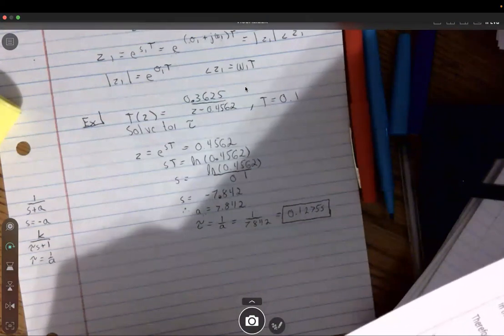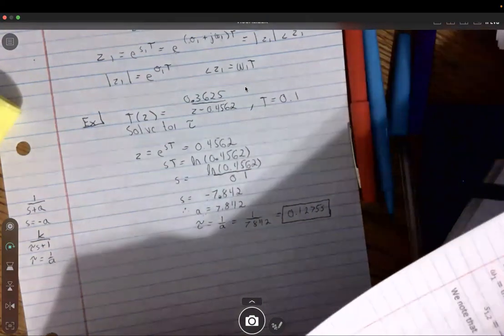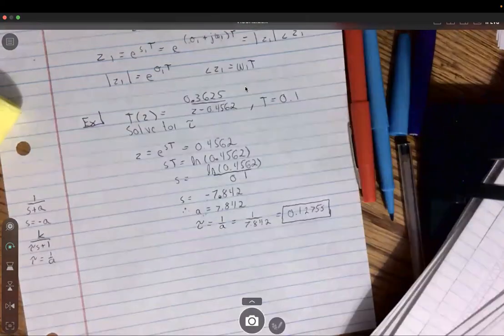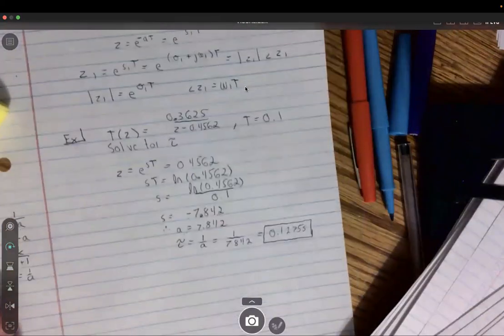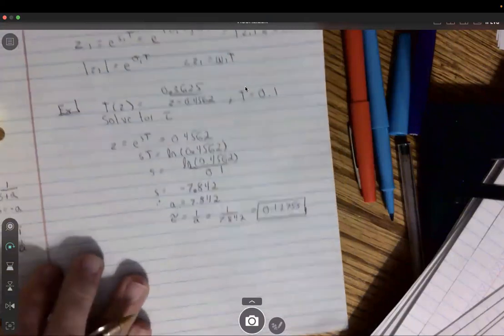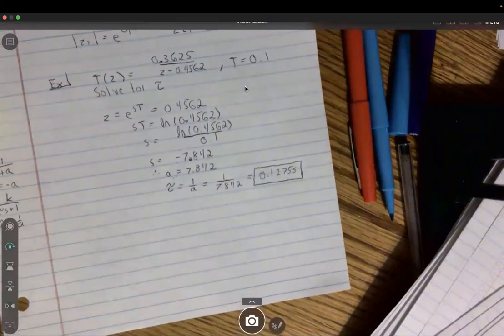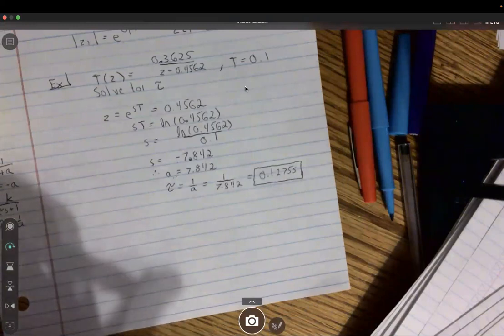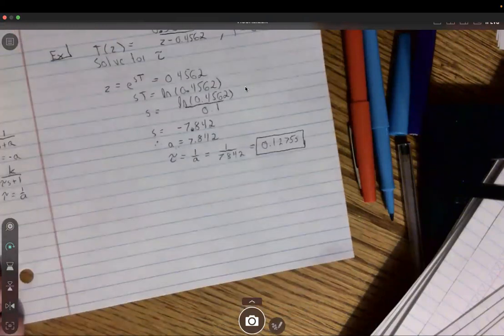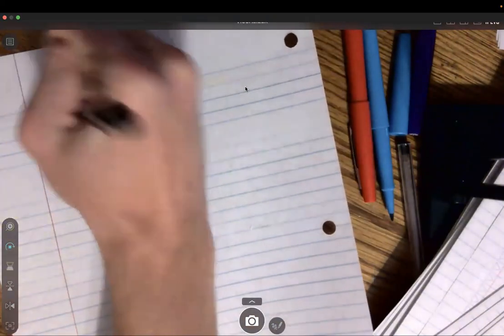So second order systems are a little different than the first order systems. If you remember, for our studies, when we have a second order system, particularly one with conjugate poles, a lot of times it might be given in the following format, where we have our T of Z, so this would be second order.